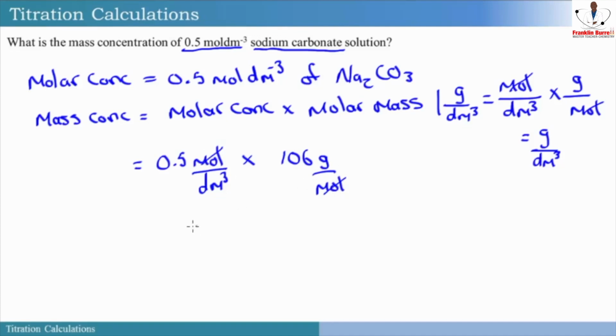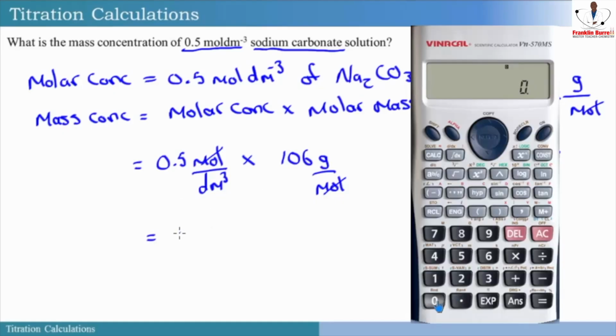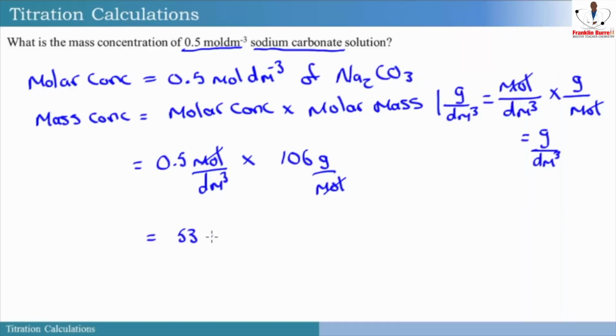And so we'll now multiply 0.5 by 106. So 0.5 times 106 is equal to 53 grams per dm cube. So what is the mass concentration of 0.5 mole per dm cube sodium carbonate? Well, the mass concentration of 0.5 moles per dm cube sodium carbonate solution is 53 grams per dm cube.